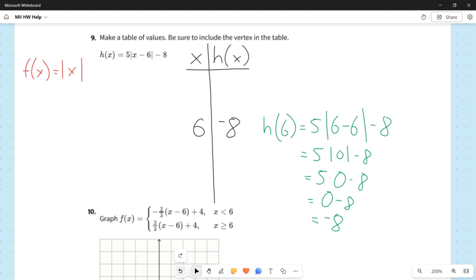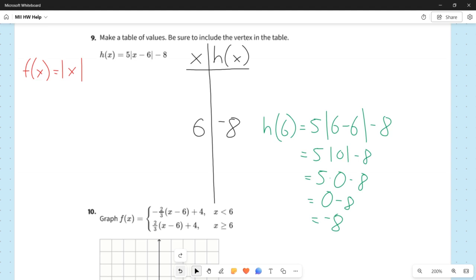Now, that's the vertex, but we can't really stop there. We've got to include more points. You can't just have a table with just one entry. That's not going to work. So we've got to get some additional points, and although it's not a super strict rule, it's probably a good idea to start at the vertex and go to the left and go to the right.